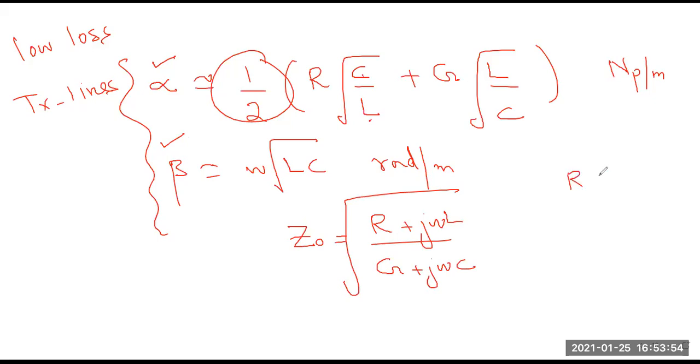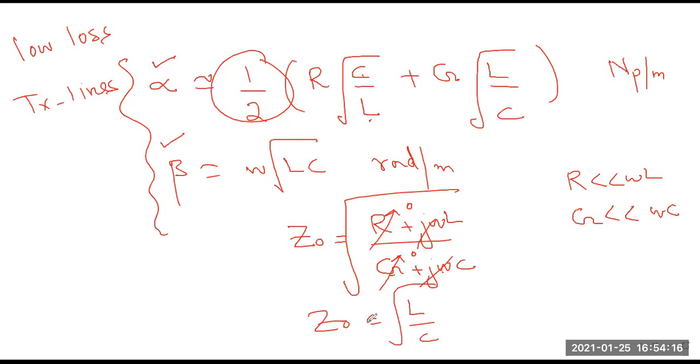Now because R is very much less than omega L and G is very much less than omega C, we can ignore R. G is very much less, so we can assume that G is 0, so the j's cancel out. So Z naught for a low loss line is approximated to be equal to the square root of L by C, and you can see L by C is a real number.